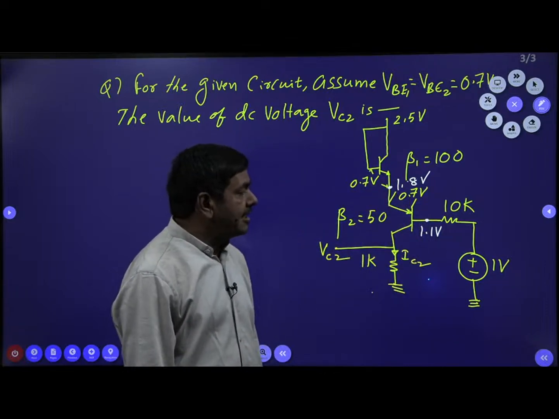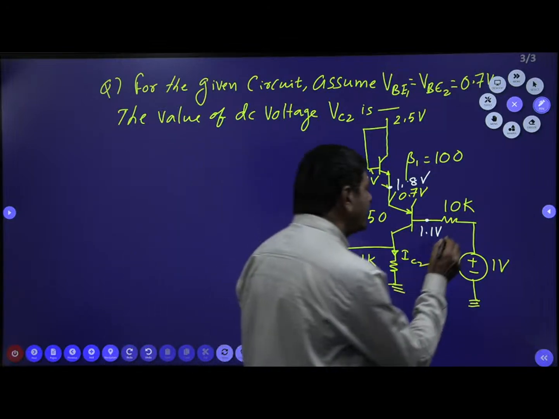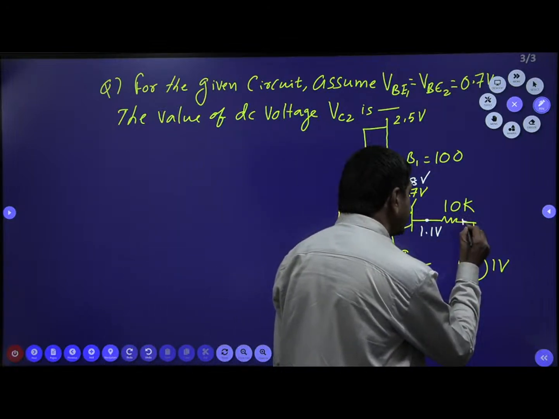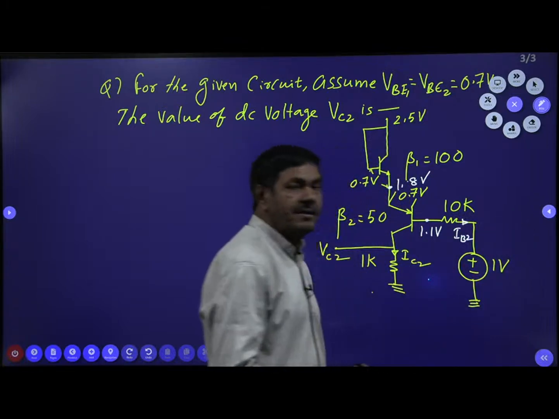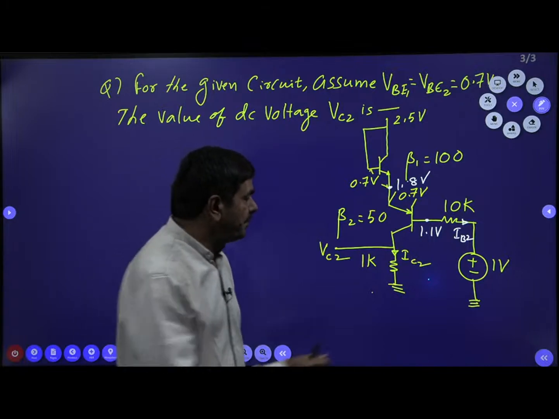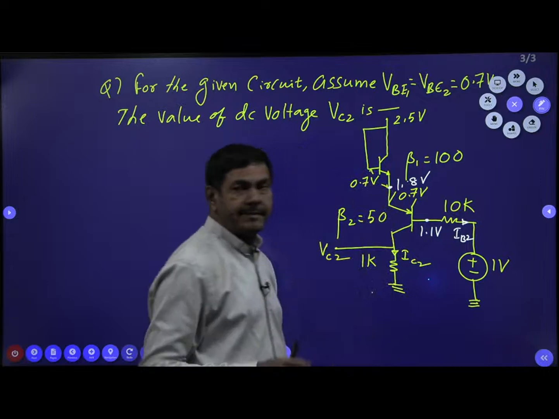The base current will flow from higher potential to lower potential. This current is the base current of the second transistor, so I can say this is IB2. How to find this IB2? IB2 equals 1.1 minus 1 volt divided by 10K.